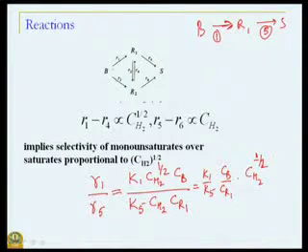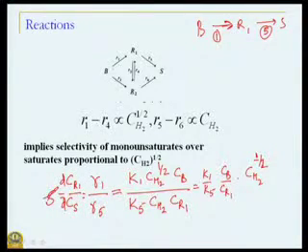So, what does it mean? It means that the selectivity of R1 over S, remember, this is the indication of selectivity, that is, let us say, concentration of R1 over concentration of S in a crude way, or dCr1 by dCs if you look at the point selectivity.